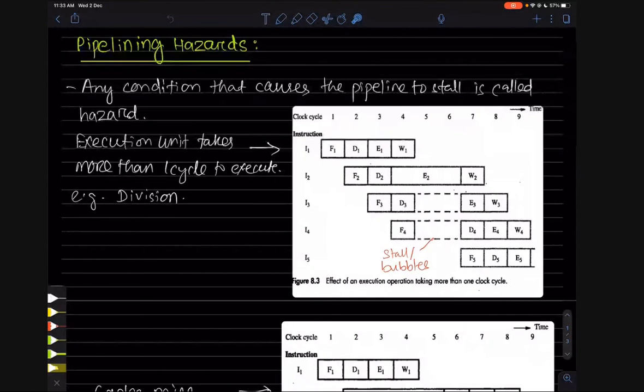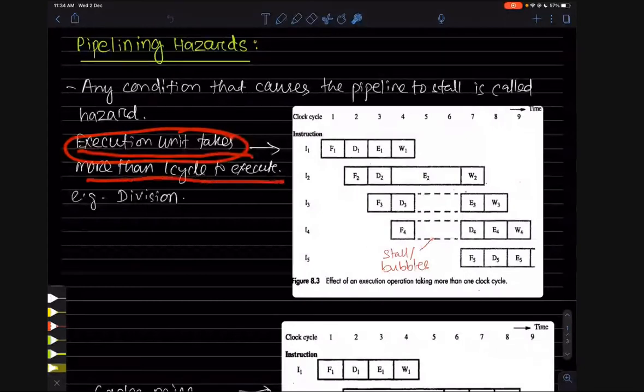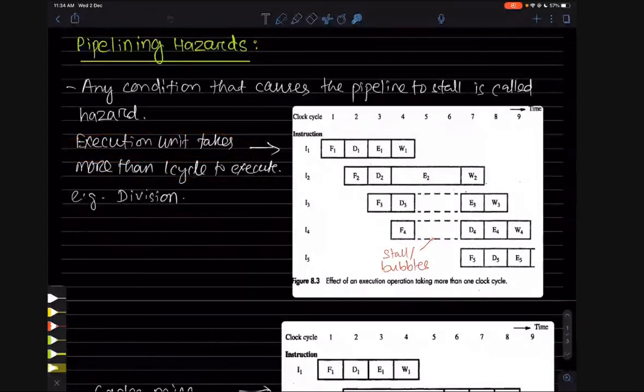Suppose, for example, the execution unit takes more than one cycle to execute. Suppose this is a division instruction. A division instruction normally takes multiple clock cycles to execute. So instruction number 2 is executing for how many clock cycles? 1, 2, 3 clock cycles.